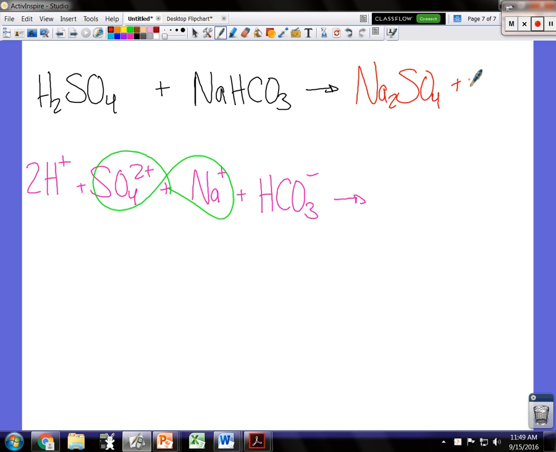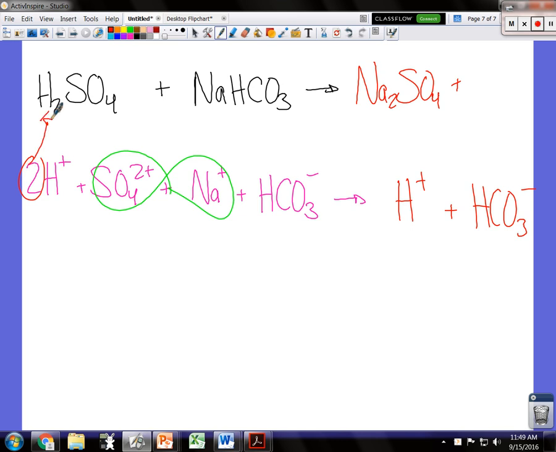Now, here's where we have to really pay attention. Do you agree that the H is going to hook up with HCO3 negative? Now, whenever you write a new compound, what do you do? Check your charges. So I need an H and I need an HCO3 negative. Do you agree or disagree? Hold on. Stay with me. Why does this 2 not matter over there?